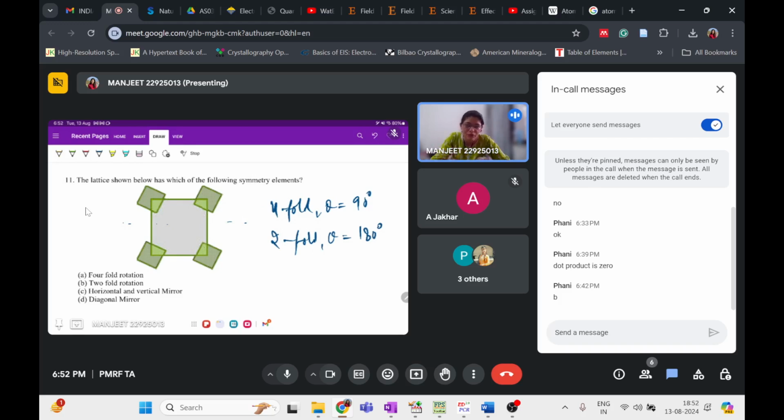Fourfold, twofold, or horizontal and vertical, or the diagonal one? A and B. Okay. I agree with your A part, the fourfold rotation, but not with the twofold. Just check this one, twofold rotation, and tell me.